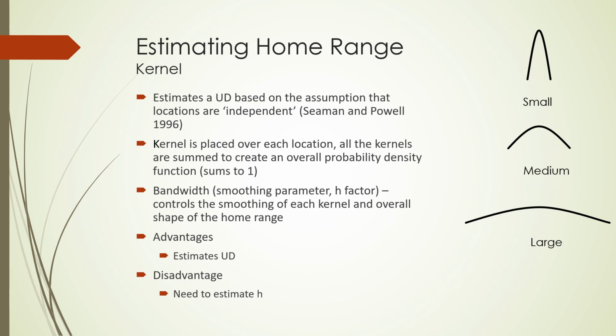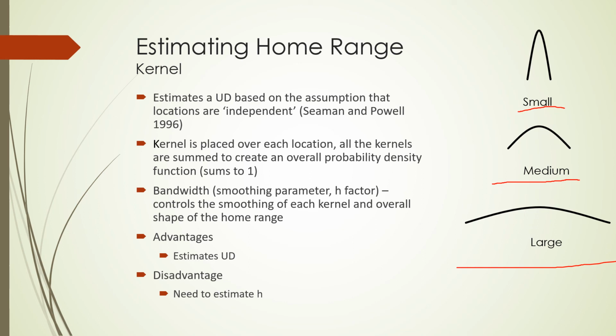bias your utilization distribution. And what happens now is you place a kernel over each location. Either a very tight kernel like this one here, small, where you're saying, okay, the use around that location is very limited to just that point and areas very close by. Or you could use what we call a medium kernel, where it's saying, okay, it was here right then, but it's probably using areas further around that, or a large kernel.